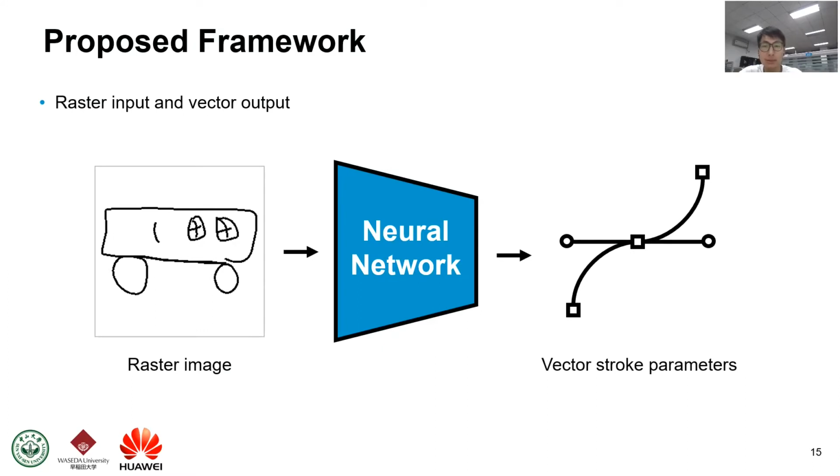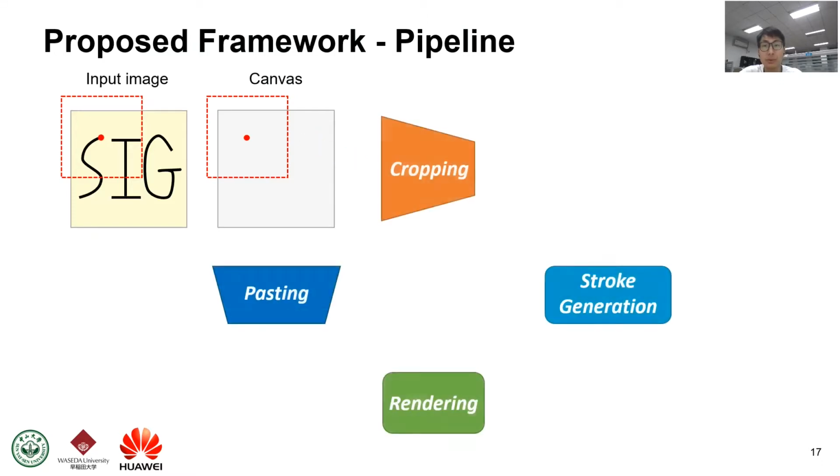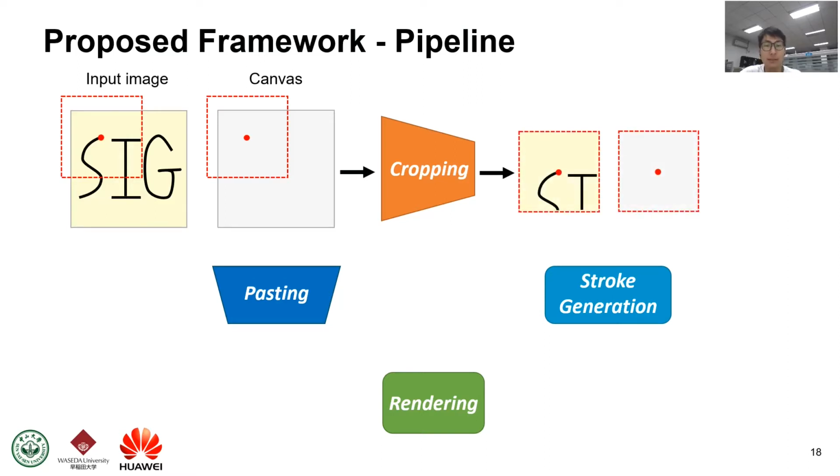Our framework takes raster images as input and outputs the vector stroke parameters. It models a virtual pen surrounded by a dynamic window and generates vector strokes by drawing with the virtual pen. The drawing process consists of four main phases. First, patches from the input image and canvas are cropped based on the window.